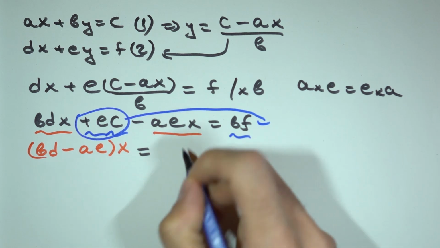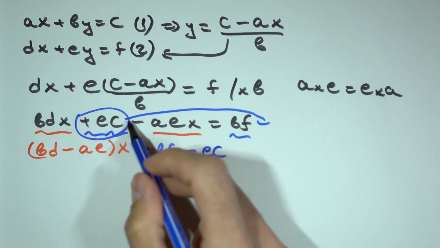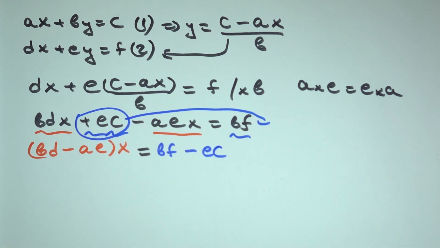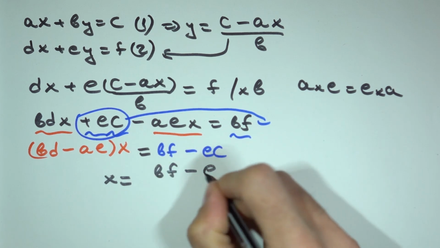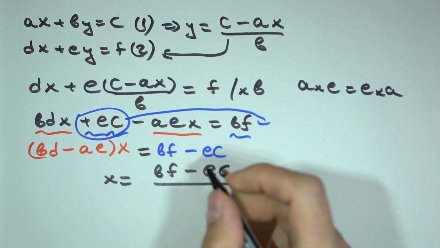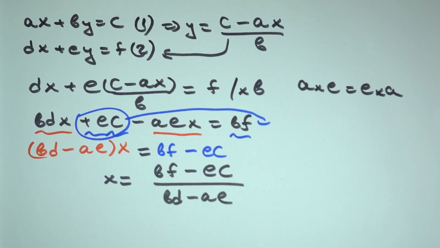Then we get the following. We have bf minus ec because we transferred this term to the right hand side of the equation, or x equals bf minus ec over bd minus ae. And let's check what we have obtained.